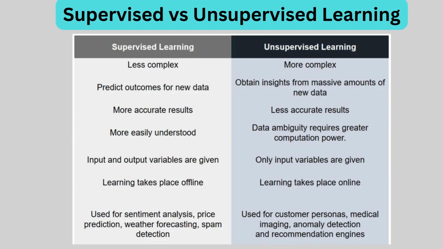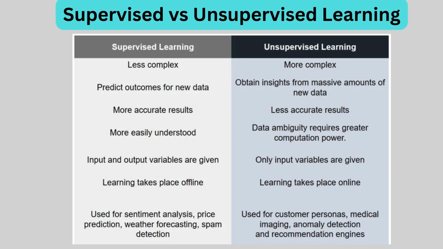The biggest difference between supervised and unsupervised machine learning is the type of data used. Supervised learning uses labeled training data. Let's say we are giving training on vegetables, and it labels these are carrots, these are cabbage, and likewise. But unsupervised learning does not label the data. It has a mix of data. Therefore, supervised learning is less complex and easy to understand, while unsupervised learning is complex and has data ambiguity as well.